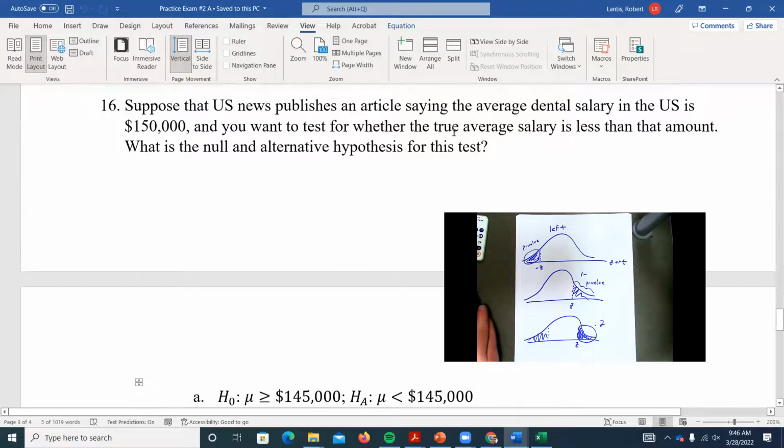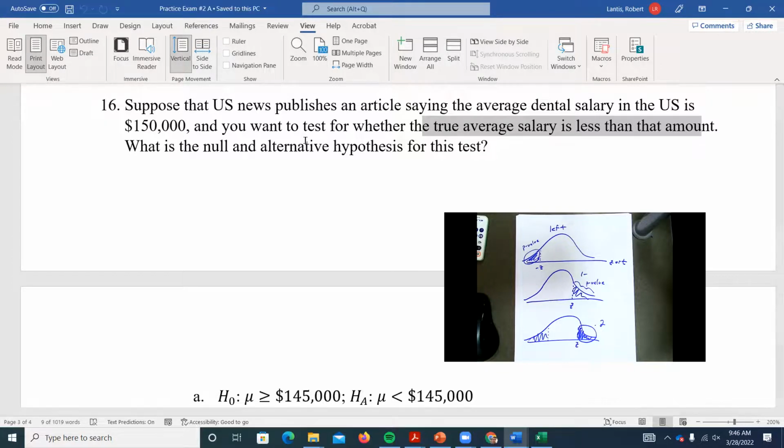Here we go. So we want to test for whether or not the average dental salary is less than this reported amount, right? If I want to test for whether or not the true salary is less than this 150,000, I should be thinking about what I'm testing for. That's my alternative hypothesis. The way these questions read, whatever you read in words should be your alternative hypothesis.